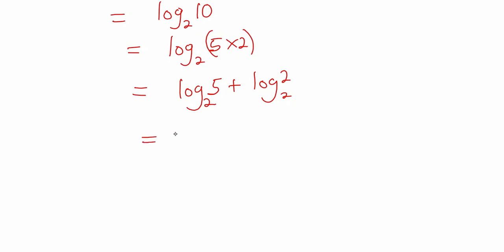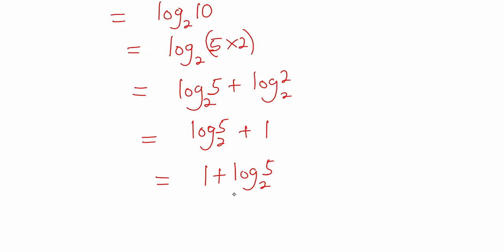Now we can see that we have the logarithm of 5 to the base 2 maintained, and then plus logarithm of a number to the same base gives us 1. So at the end we can rewrite this as 1 plus logarithm of 5 to the base 2, and this becomes our solution. That's why we are simplifying logarithmic expressions. We are going to reduce it to the lowest term, and that is the meaning.